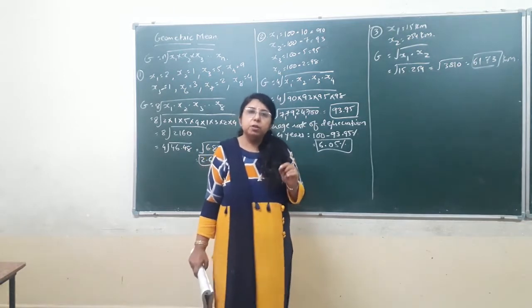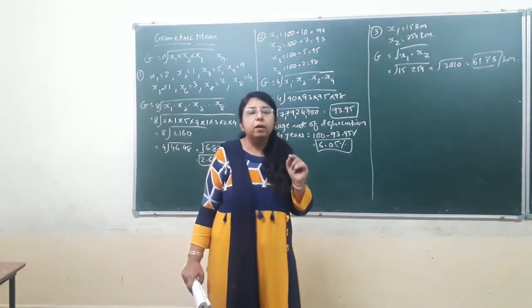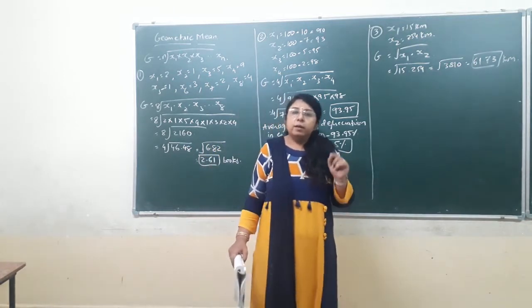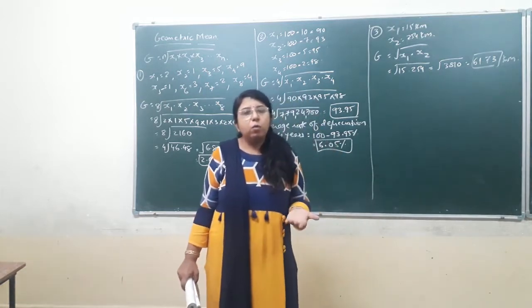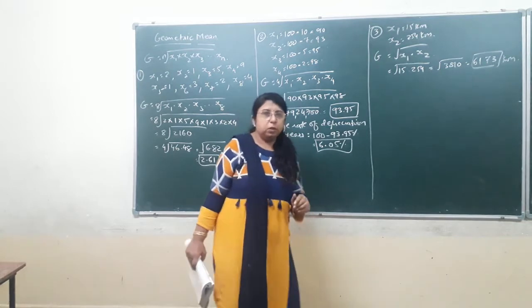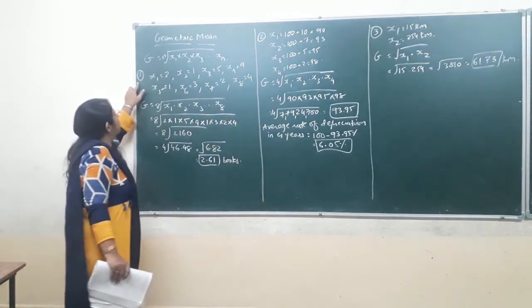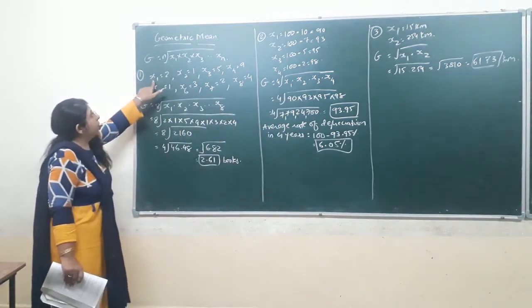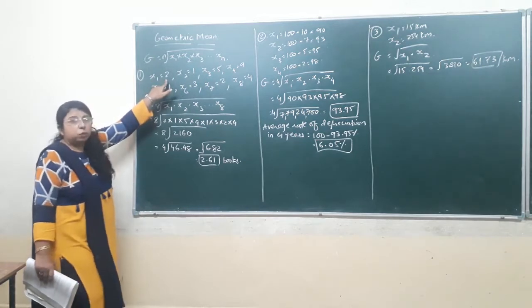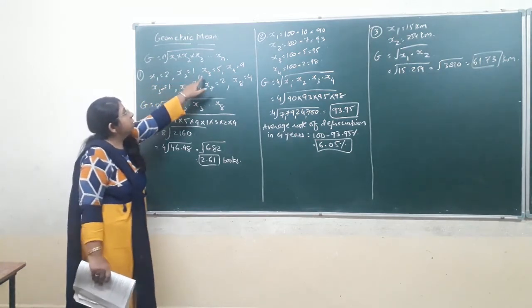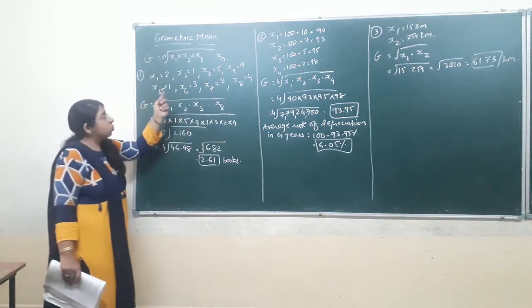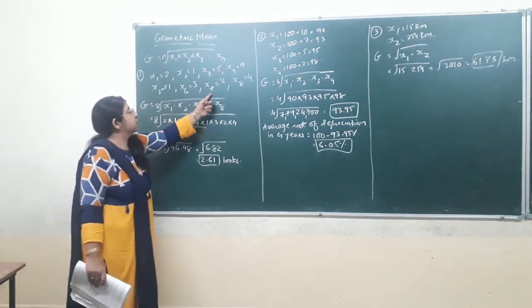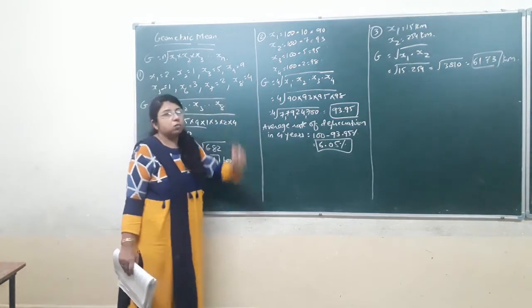It is clearly mentioned in the question that you have to find the average number of books read by the students by using geometric mean. So we have to apply over here the formula of geometric mean. You can see the answer to the first question I have written over here. x1, that is the first value given to you, is 2, x2 you will take as 1, x3 is 5, x4 is 9, x5 is 1, x6 is 3, x7 is equal to 2, and x8 is equal to 4.